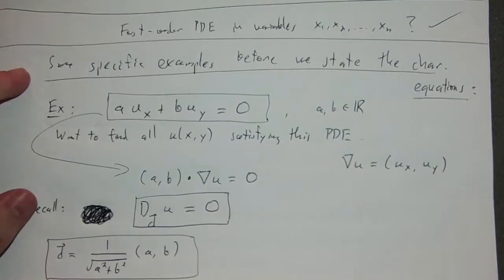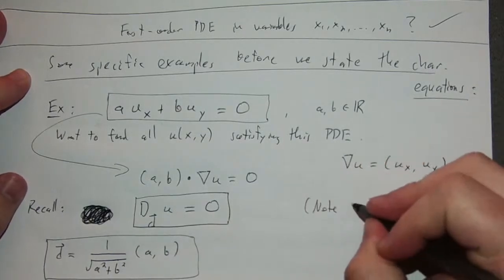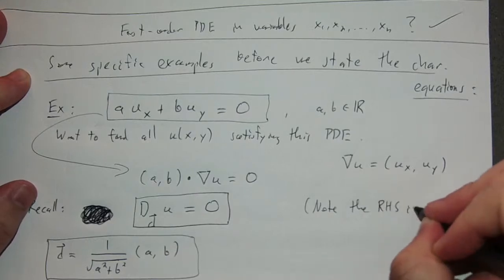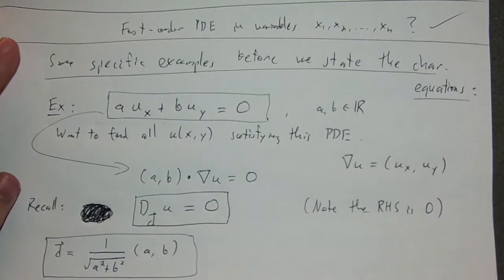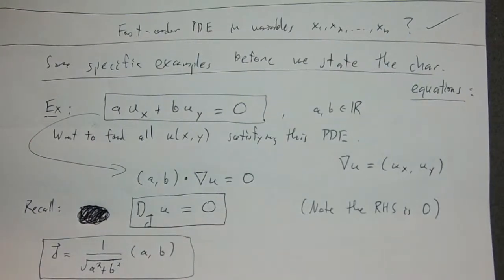Note that the right-hand side is 0. This means that scaling by the length of the vector doesn't affect this at all. I can always multiply both sides by that scalar, and it's not a big deal.